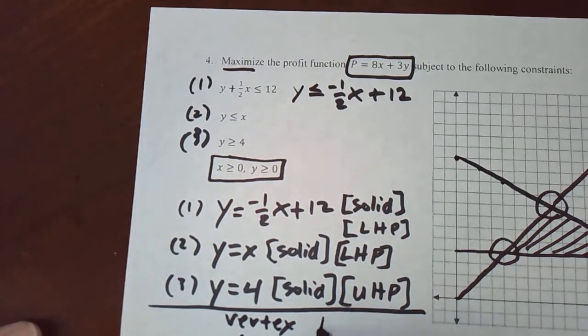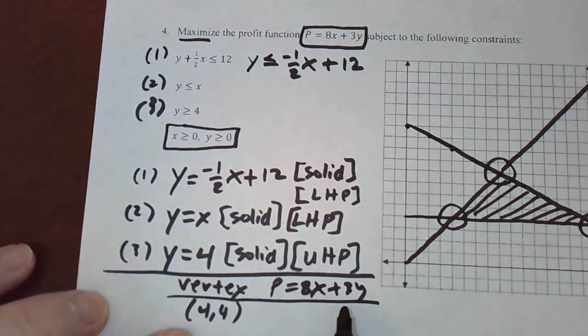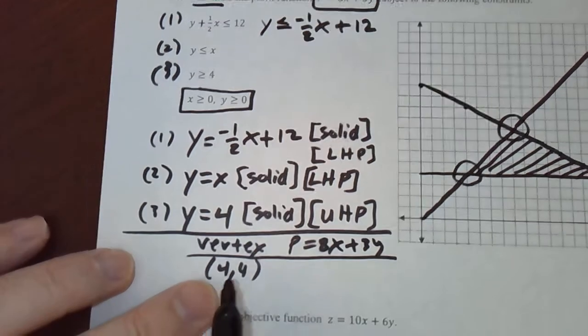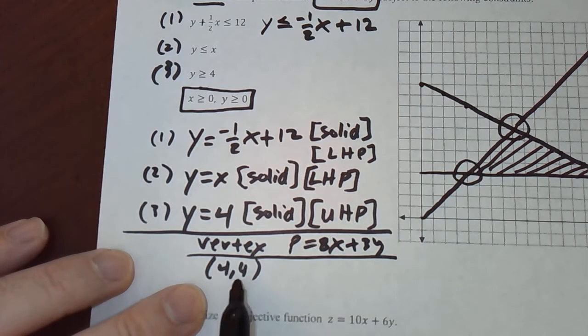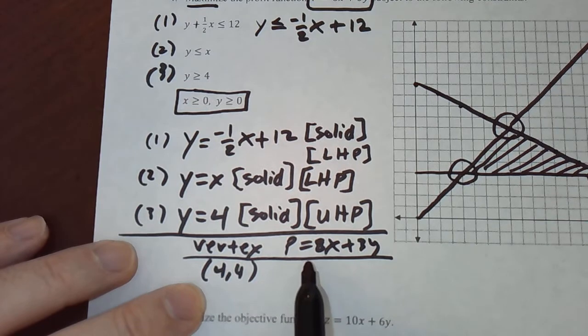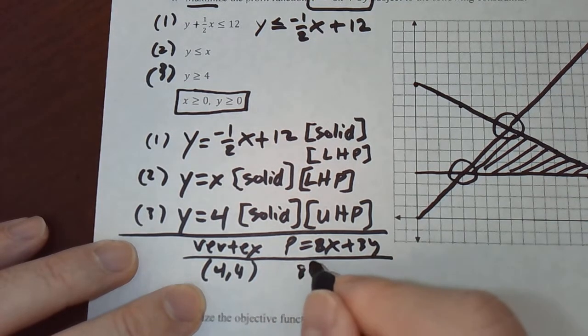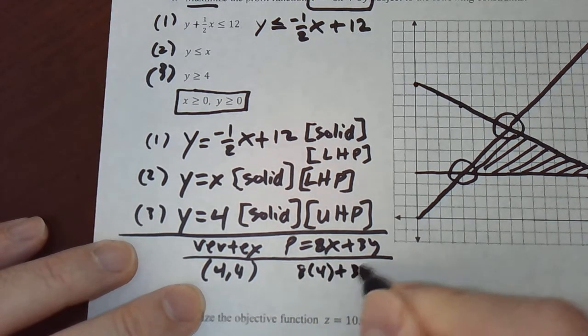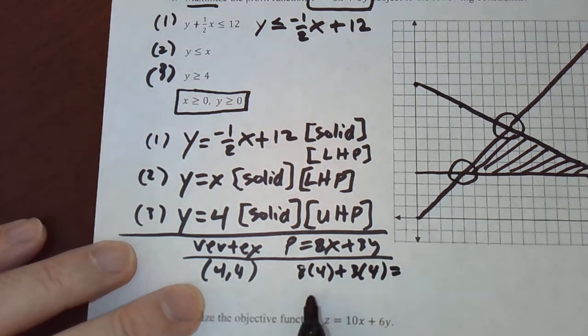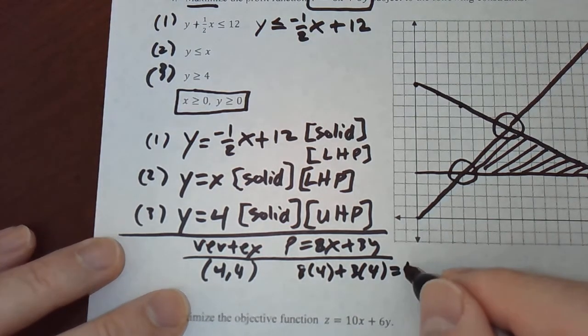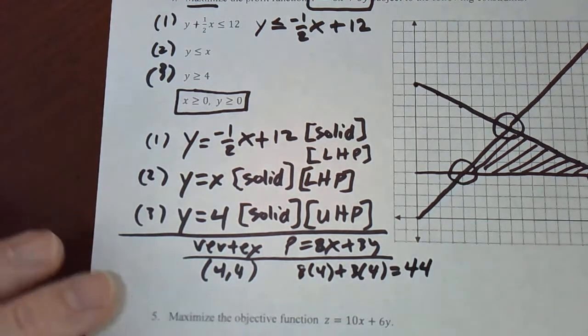And then the profit for that point, 8x plus 3y, would be 8 times 4 plus 3 times 4, because this is our xy pair. X is 4, y is 4. So 8 times 4 plus 3 times 4 is 32 plus 12, or 44.